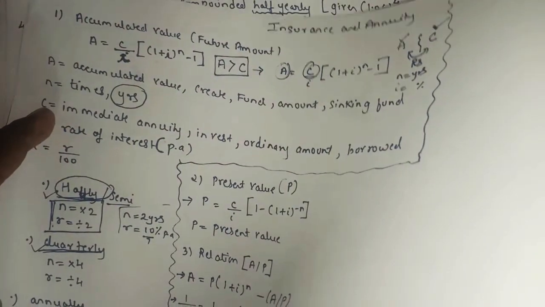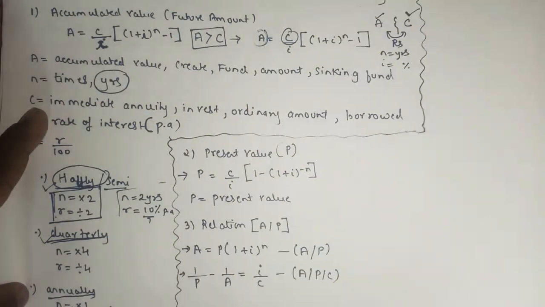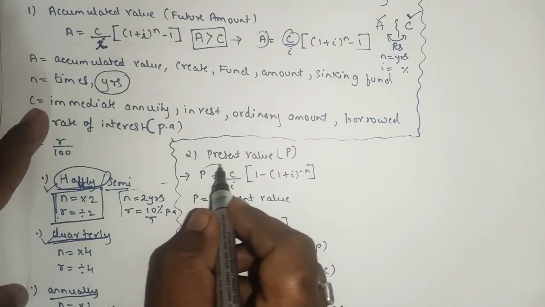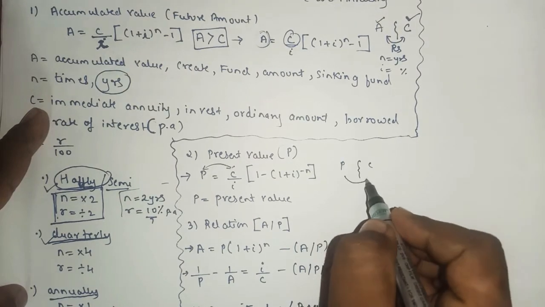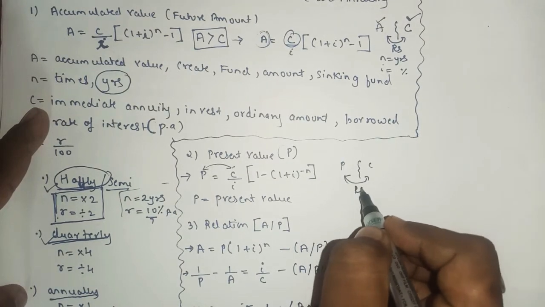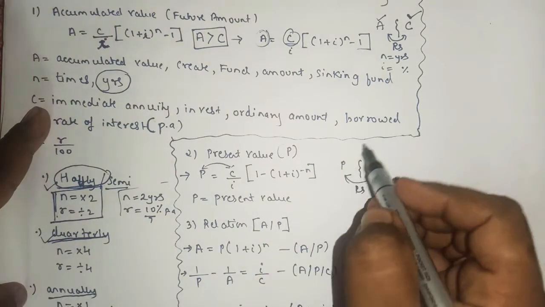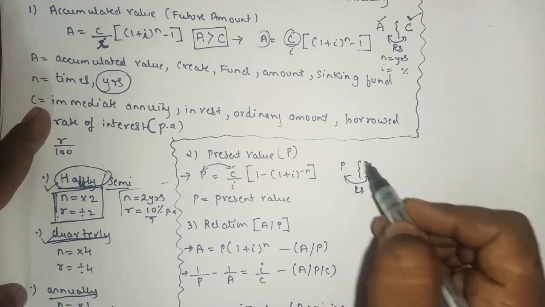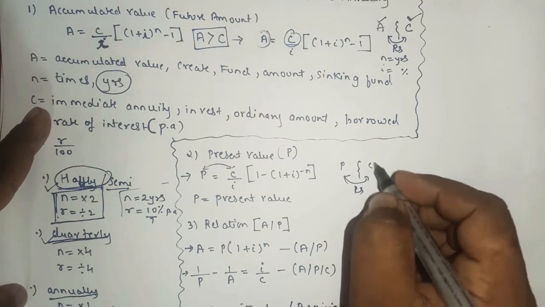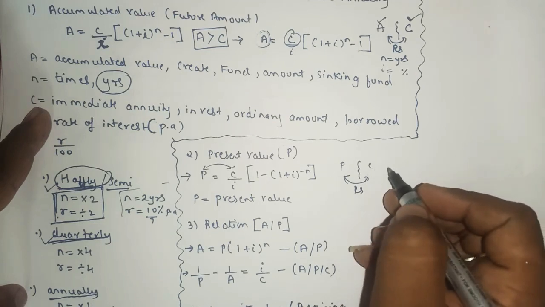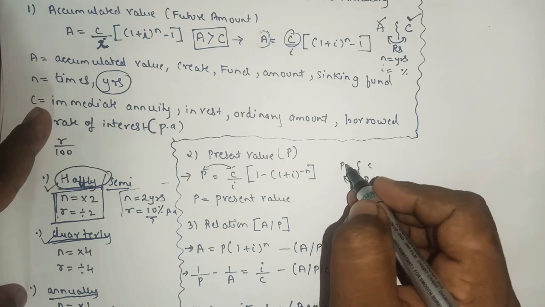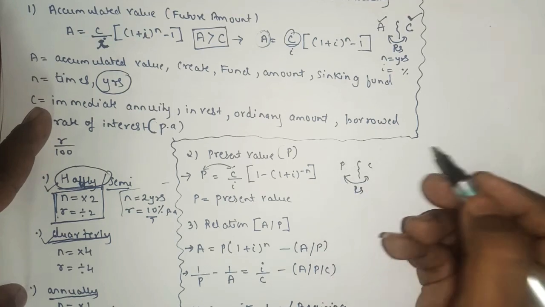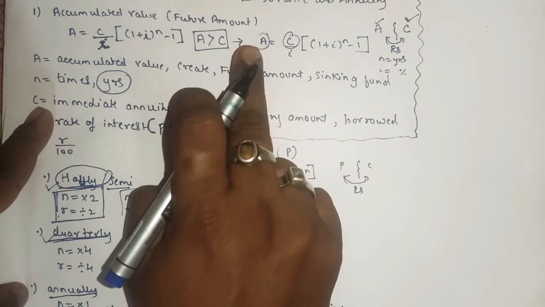It is the value of C, because whenever we have to find the present value, there are these two parts, P and C, and C will be in rupees, yes or no? So if you want to find P, of course the number which is in rupees will be the value of C. If you want to find C, the number which will be given will be the value of P. Yes or no? Same as we did for the first four sums.